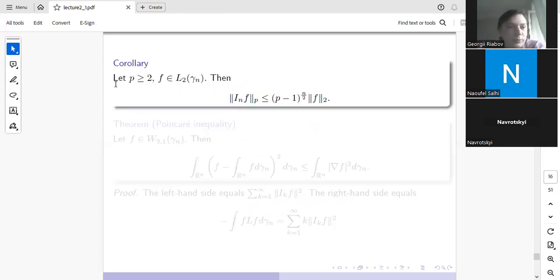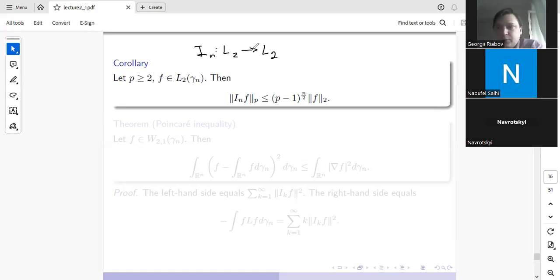So one consequence of this hypercontractivity is that the projection operator, since this is a projection, acts from L2 to L2. Actually, it acts from L2 to any L^p.